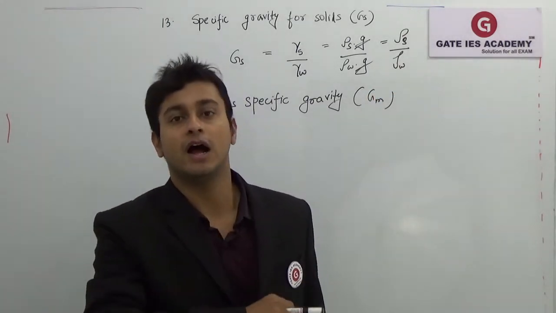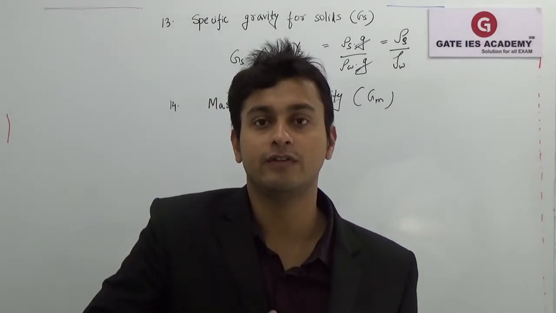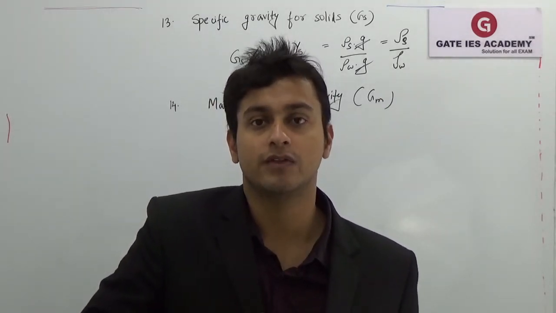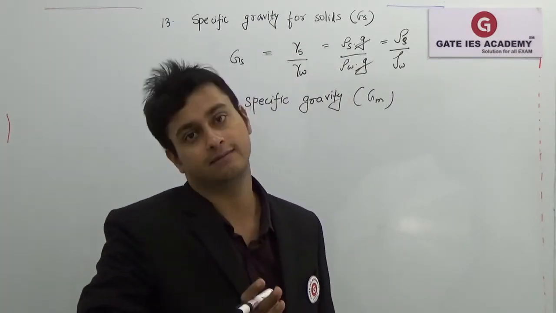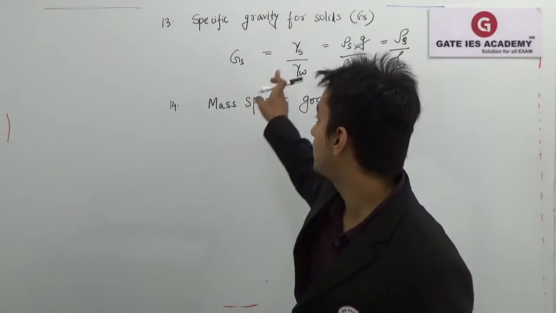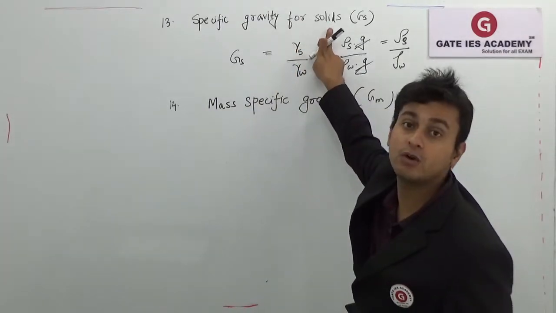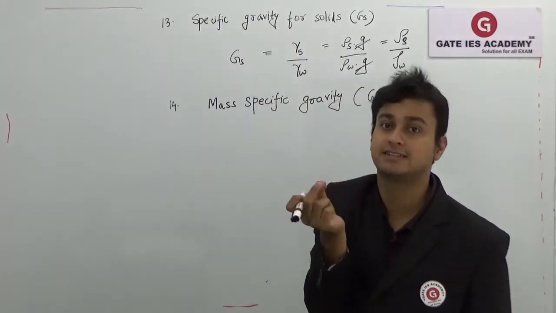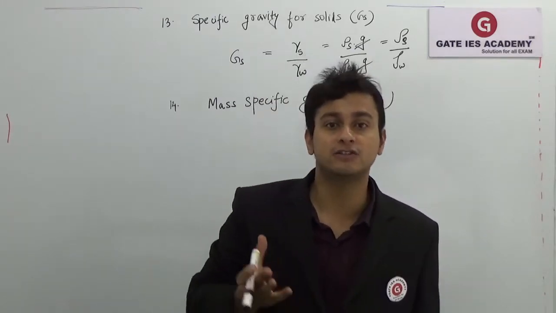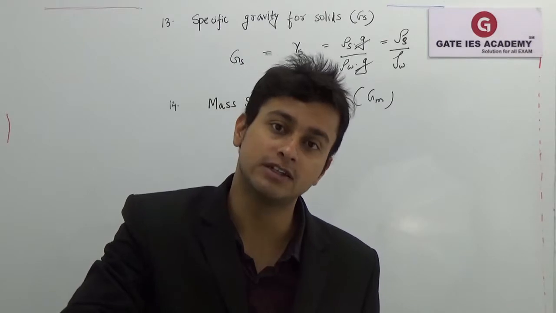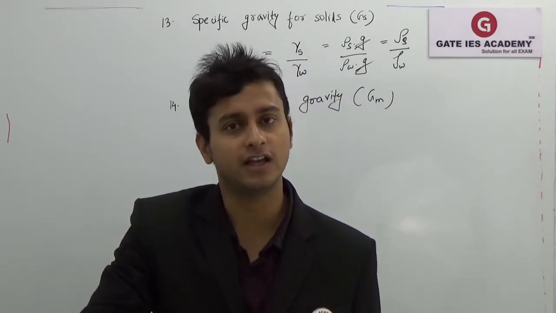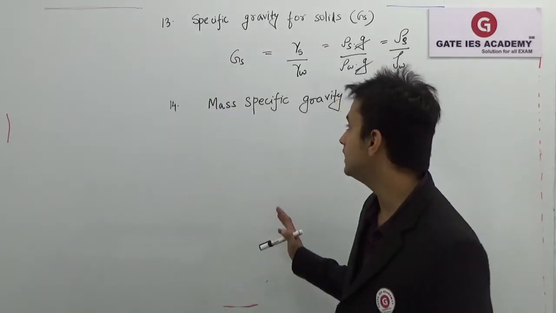Okay, now if someone asks you what is the mass specific gravity of a soil. Now this was particularly for solids, which we were talking about, only the soil grains. But the total soil is made up of 3 components: water, air and soil solids. So if we include all these 3, our gamma value will change.